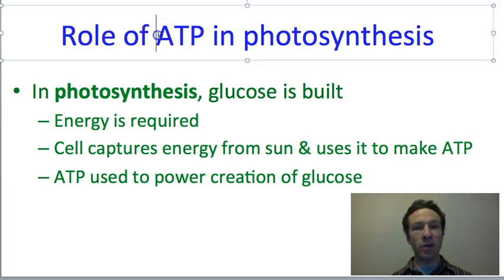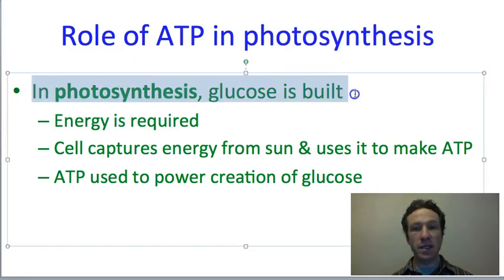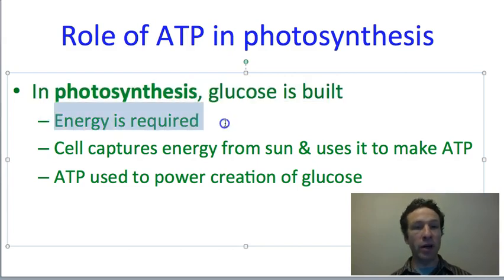Next, let's talk a little bit about the role of ATP. Remember, ATP was our short-term energy storage molecule. And we'll talk about its role in photosynthesis first. Remember that in photosynthesis, we are building glucose. Glucose is a complex molecule with a lot of electrons attached, and so this is going to require an energy source.